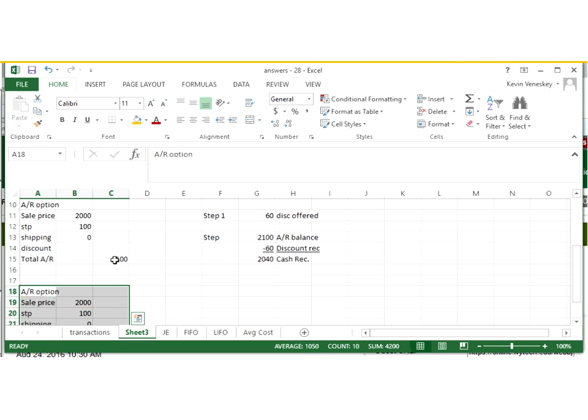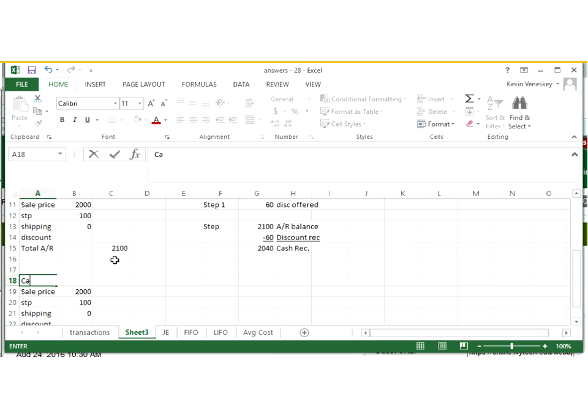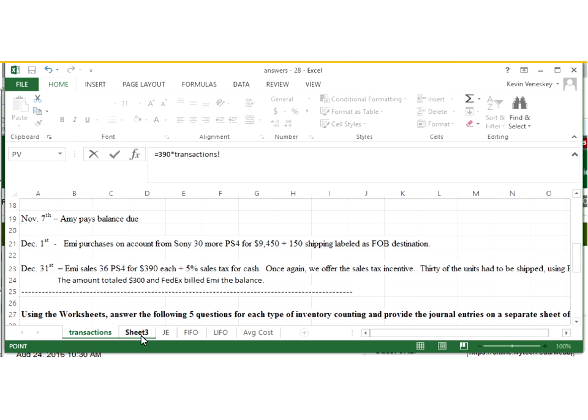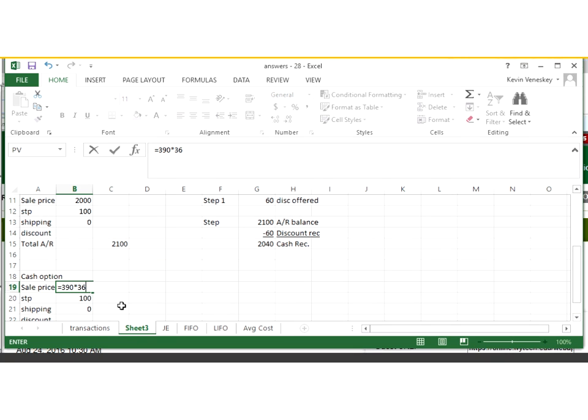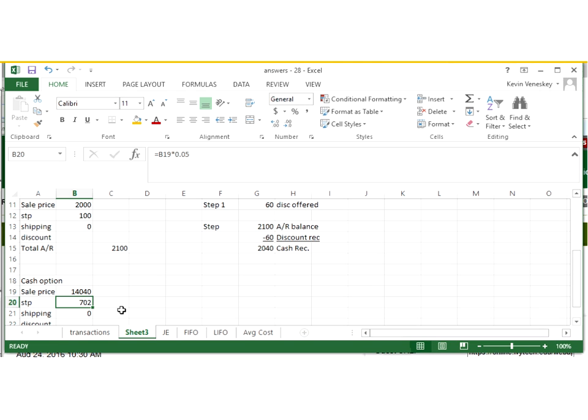And the difference will be, this is the cash option. That's the only option there is on this one. Cash option, we sold for $390, we sold, I gotta go back and check, 36 items. So a total sales of $1,440. You'll see it updated my sales tax for me, $702.